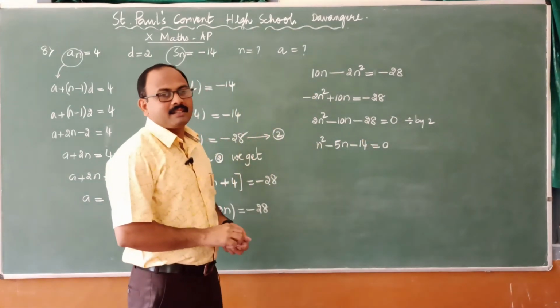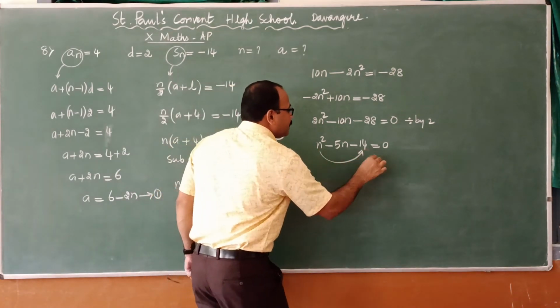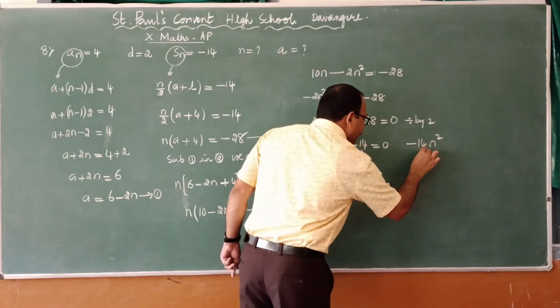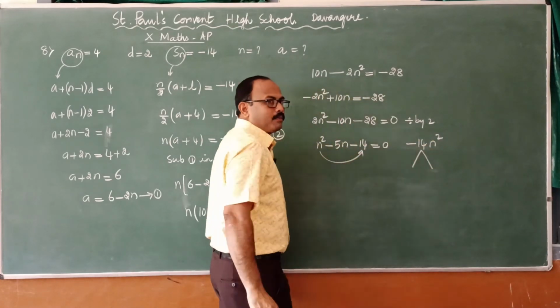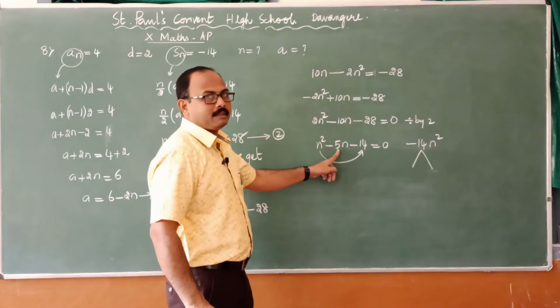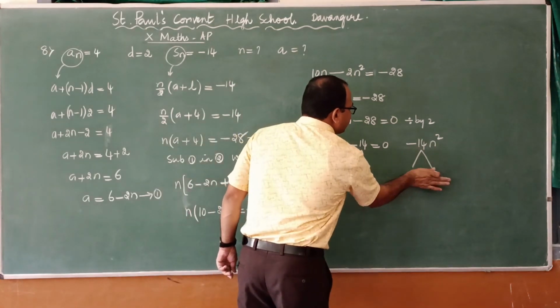Previously, we have done a sum of this kind. Multiply these two along with the sign, it will become minus 14n square. Find the factors of 14. We have 5 over here, children. You have to multiply two terms to get 14.